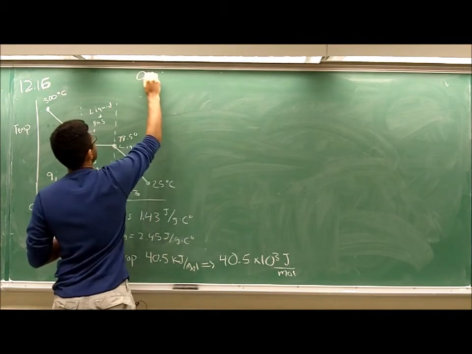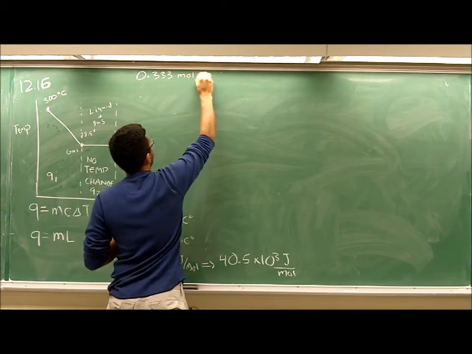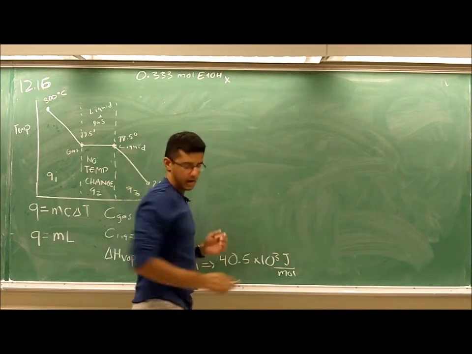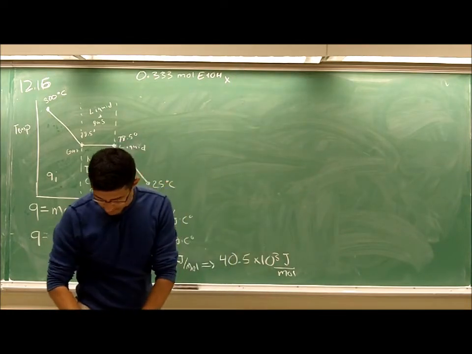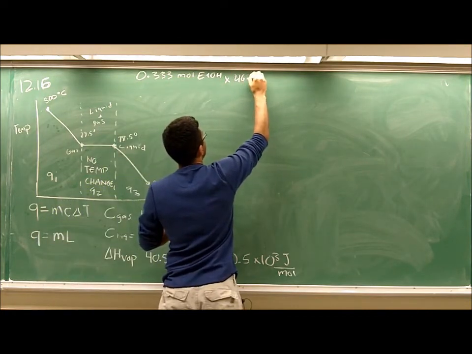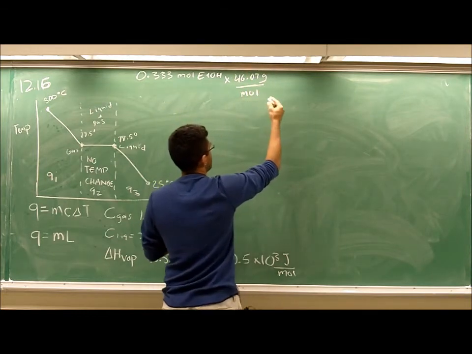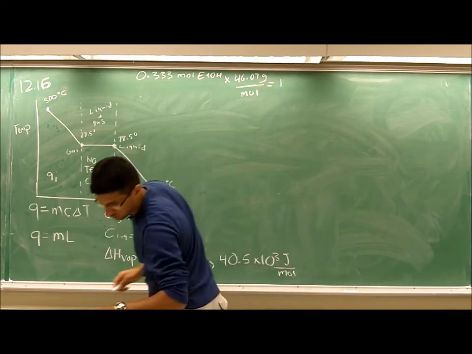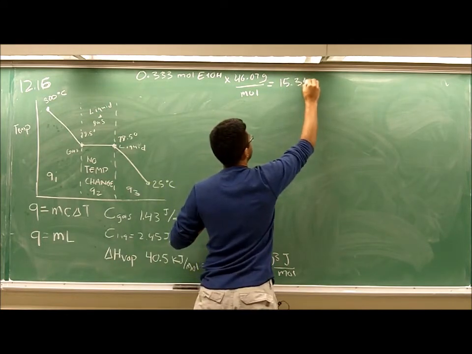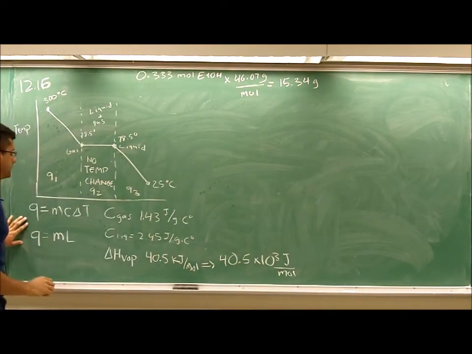You have 0.333 moles ethanol times the molar mass, which you can find is 46.07 grams per mole. When you multiply all this out, you have approximately 15.34 grams. Now you're ready to solve your equations.